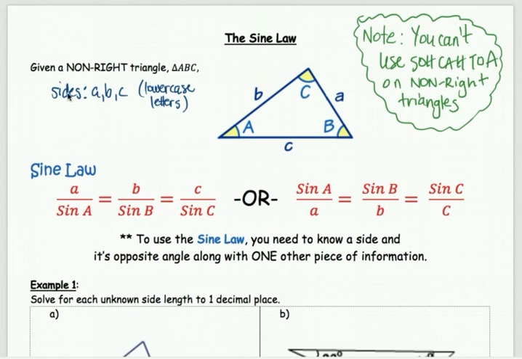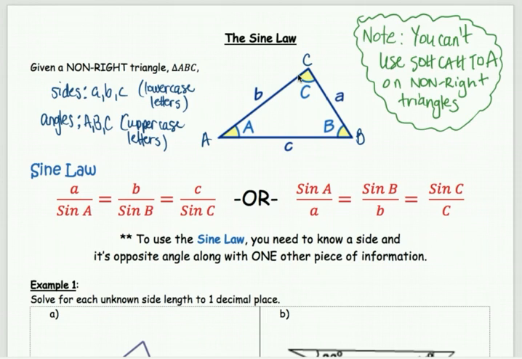The angles we usually write on the outside, but I could just write them in here. The angles are capital A, capital B, capital C, the uppercase letters. That was something we practiced at the beginning of the year, so I just wanted to bring that back up.